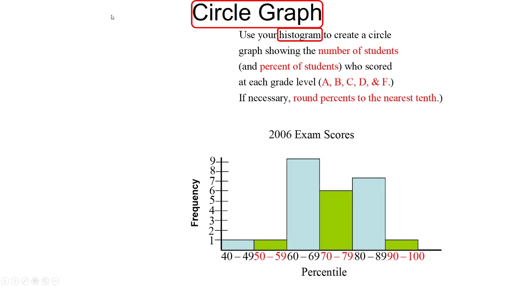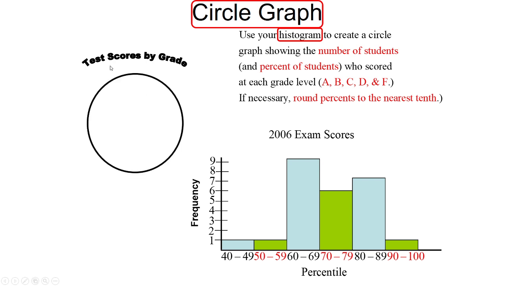Now, my circle graph. What do I need? Well, I'm going to do test scores by grade. So I need to know how many Fs I had and what percent that is. All you really need to do is find your percent and put that above each of these bars. Do you guys notice how many students did not pass? Well, let's do this first.